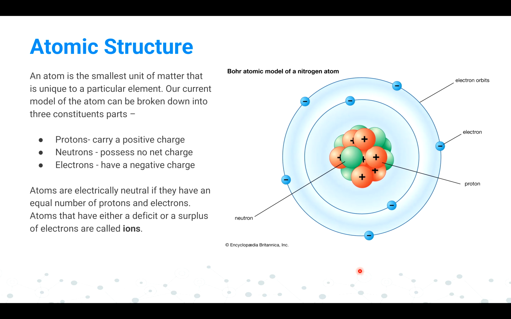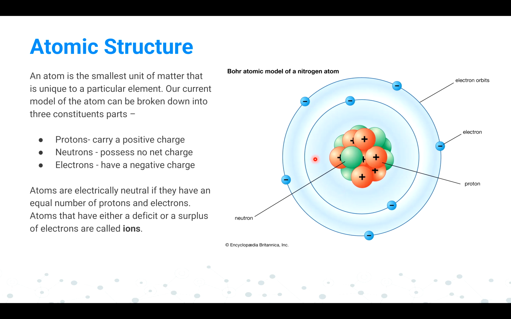So if you see the atomic structure that is given by Bohr, all atoms consist of fundamental particles, right? And when we say fundamental particles, we have the neutron as the first fundamental particle, then we have the proton, then we have the electron, and there are imaginary orbits in the atom.